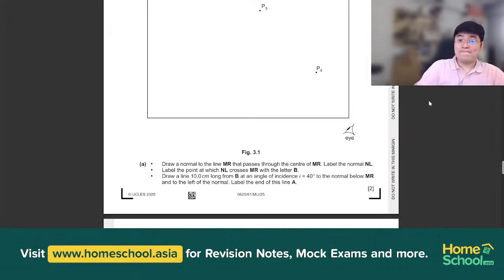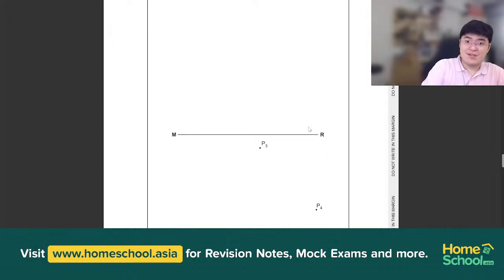So, MR is over here. We need to first measure how long MR is. What you can do is measure how long MR is and then select the center over here and mark it.